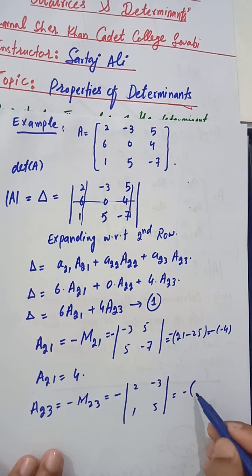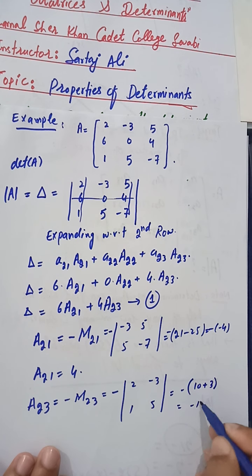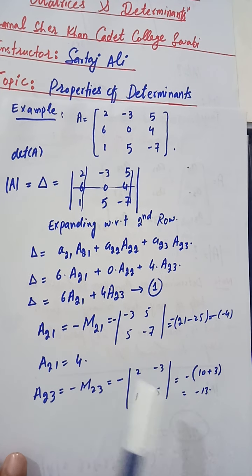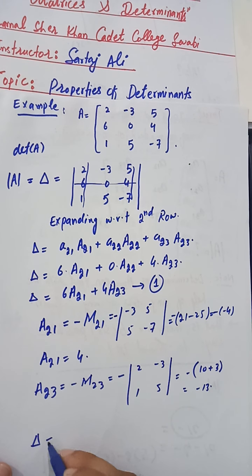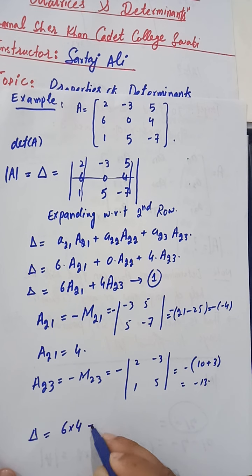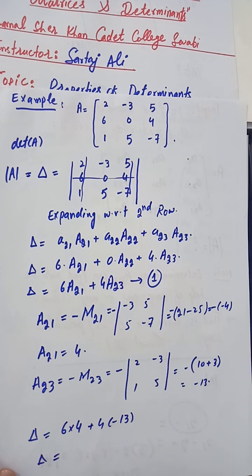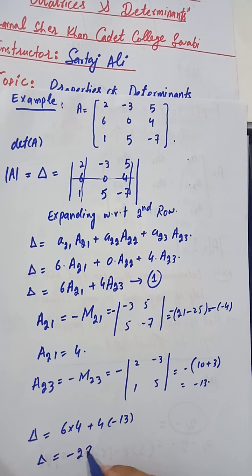So this is minus, 10 plus 3, so this is minus 13. Now put these values in equation 1. So the determinant of matrix A will be equal to 6 multiplied by 4 plus 4 multiplied by minus 13. From this you will get minus 28. So this is the determinant of this matrix.